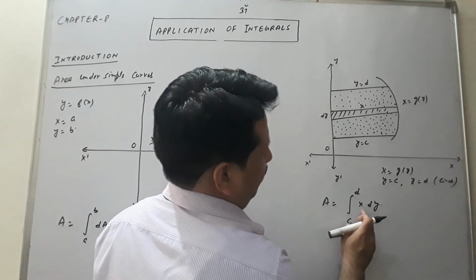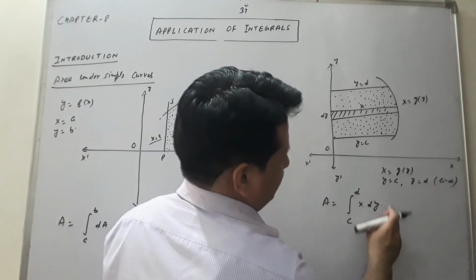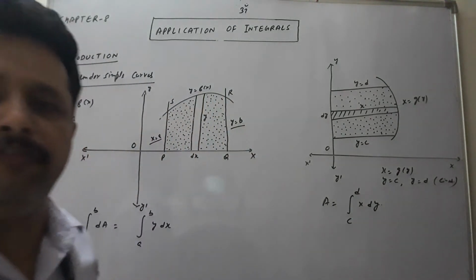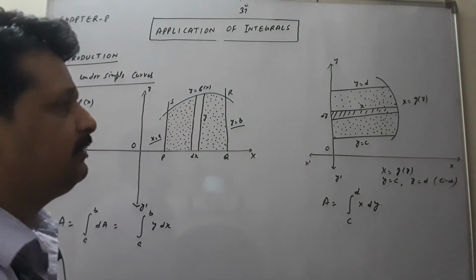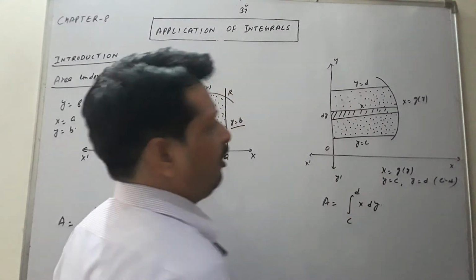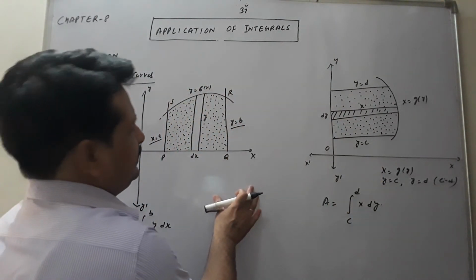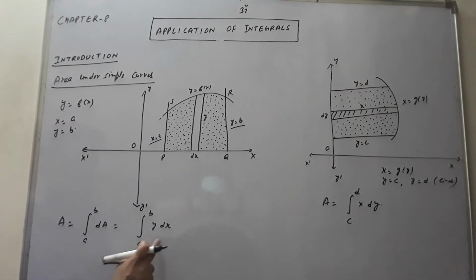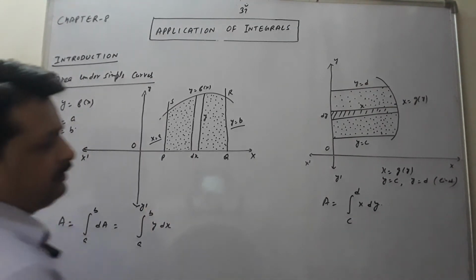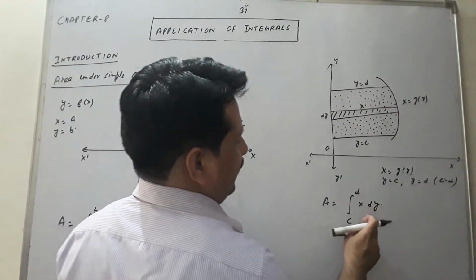We will put the value of x here and use integration, which you have already done. We can find out the area of this bounded region then, students. So it is very important to understand that area is equal to the integral of y dx from a to b, and area is equal to the integral from c to d of x dy.